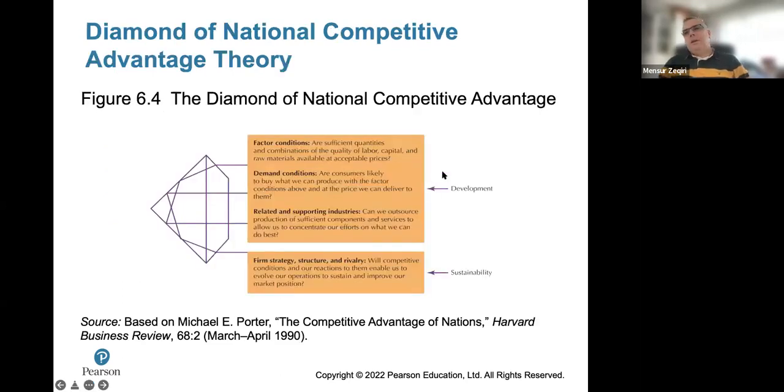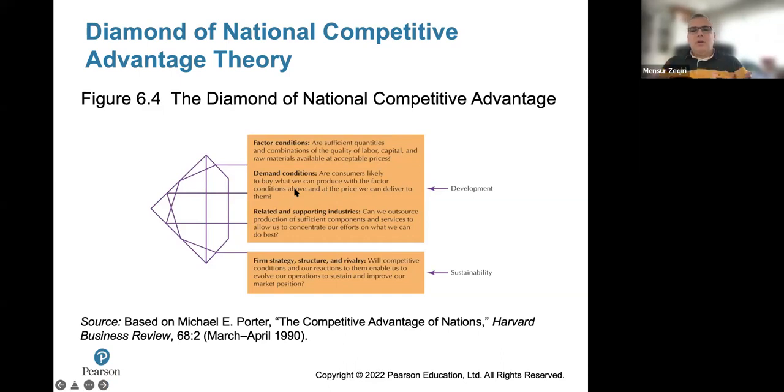And one important thing, especially to better understand international trade, is this diamond of national competitive advantage. This helps to explain why countries have developed and sustained different competitive advantages. This theory shows four features to be important for competitive superiority. As you can see here, we have the demand conditions.